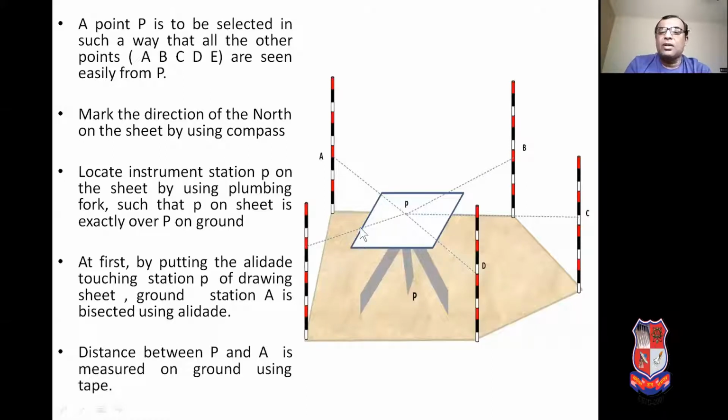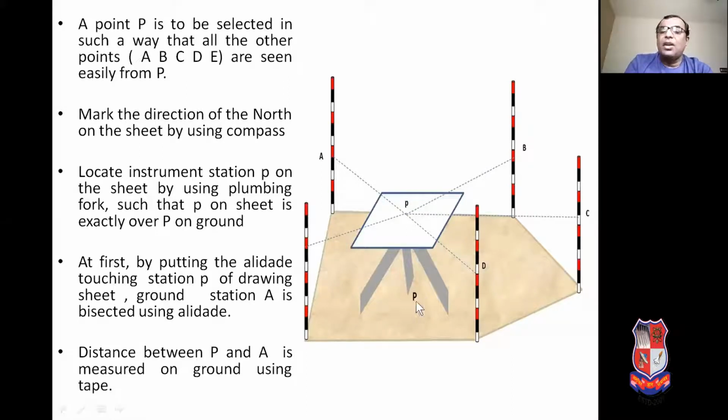Then after setting the plane table, we have to perform the various operations of the plane table: fixing of the plane table, centering of the plane table, leveling of the plane table, and then marking the north direction on the right hand side top corner of the plane table by using the trough compass.